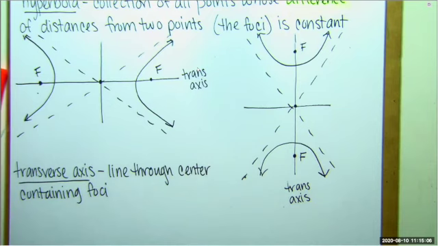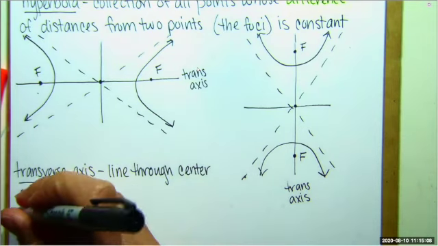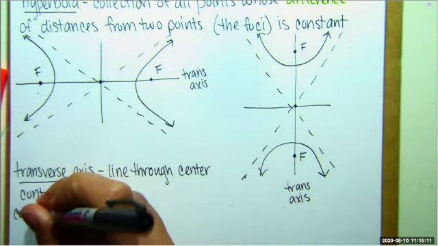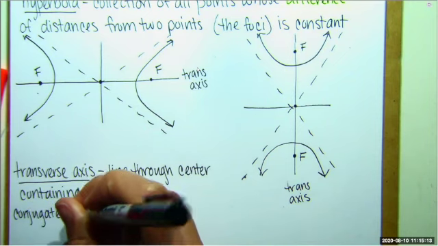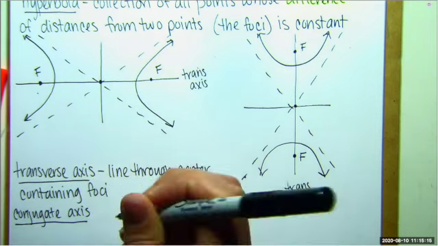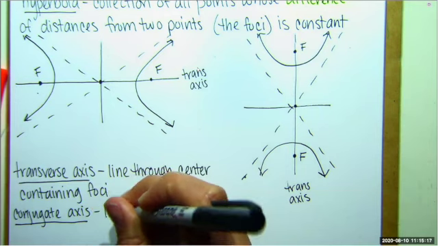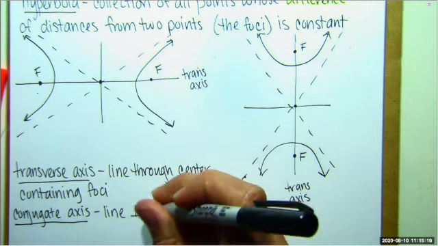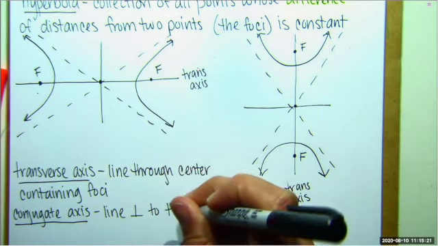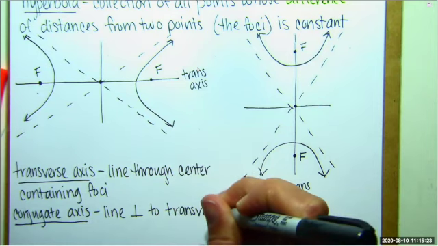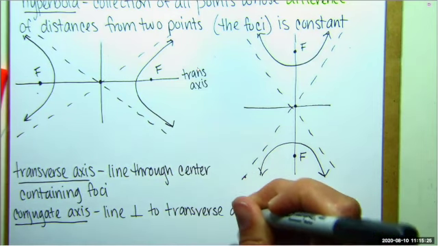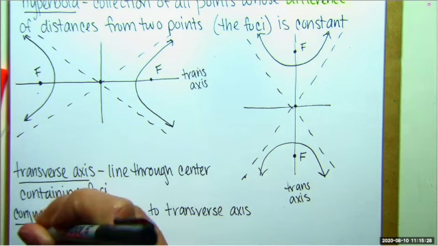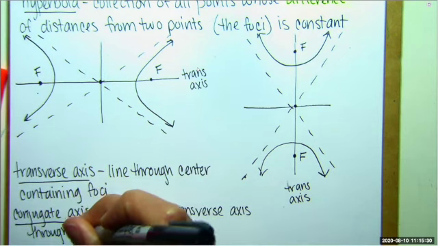The other axis through the center is called the conjugate axis. The conjugate axis is the line that's perpendicular to the transverse axis through the center.